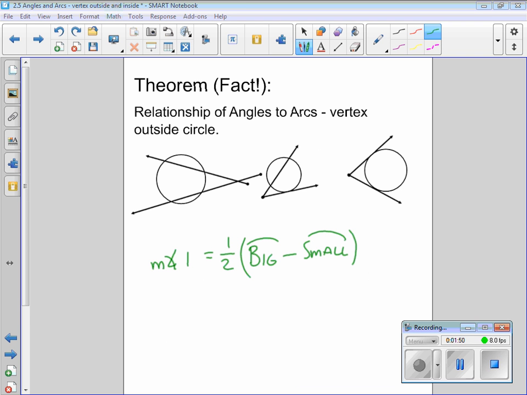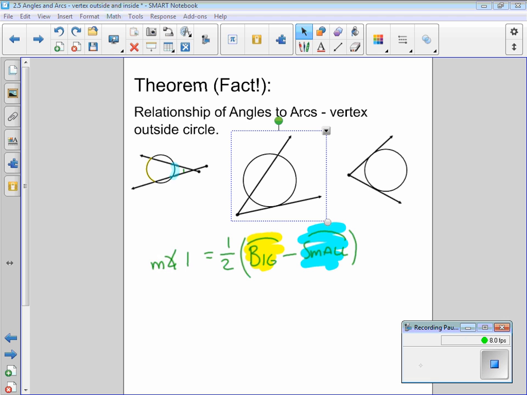These are the three basic scenarios we're going to be looking at. What we find is that the measure of the angle formed by the vertex outside the circle, we'll call it angle 1, is equal to half of the big arc minus the small arc. That scenario plays out on every one of these drawings.